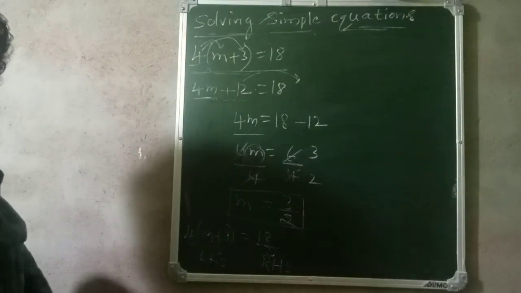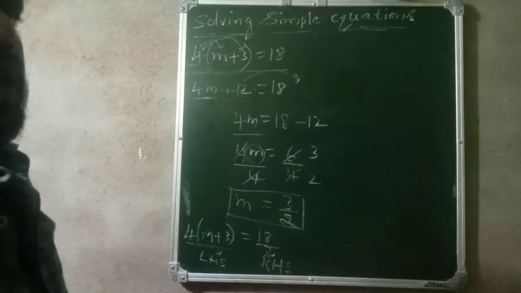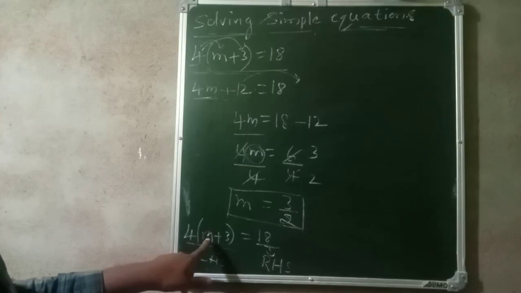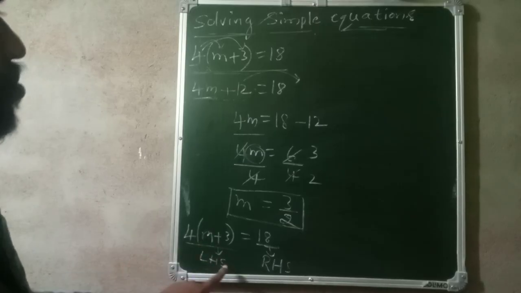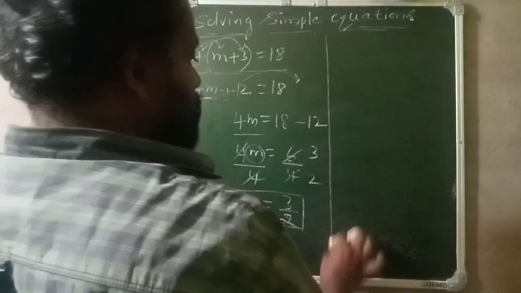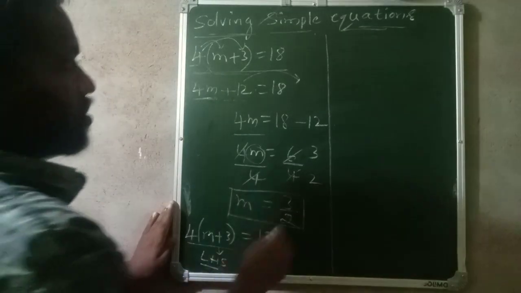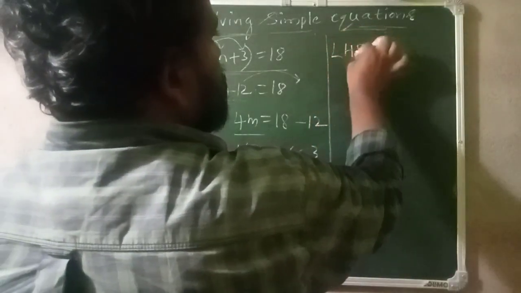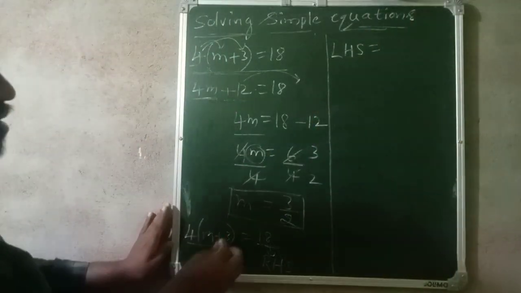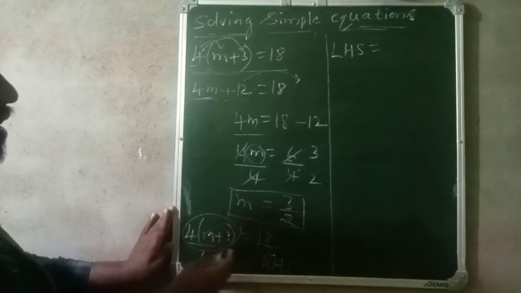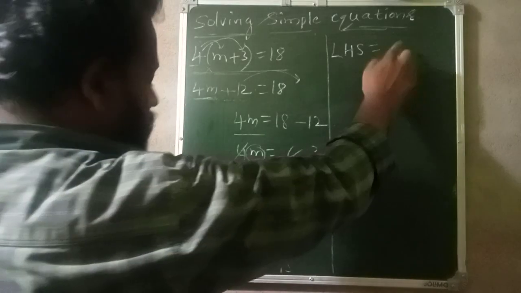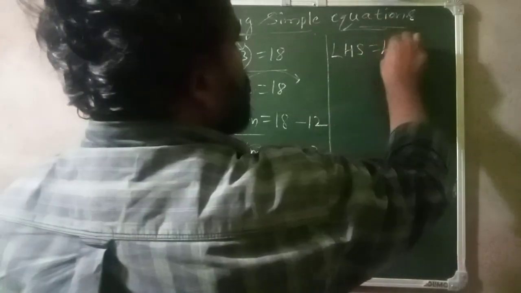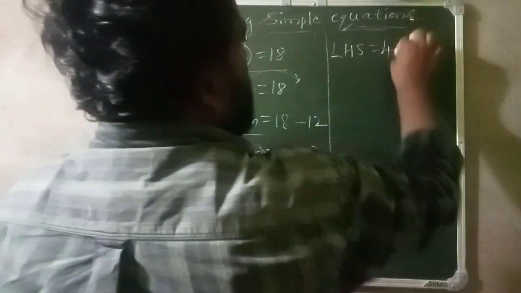Now check on which side the variable m is present. See, m is present on LHS. So next, write this LHS. LHS is equal to, see, this entire thing is LHS. Write this entire thing here: 4 into m plus 3.